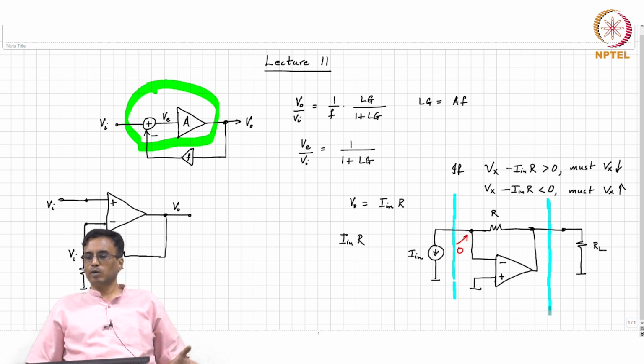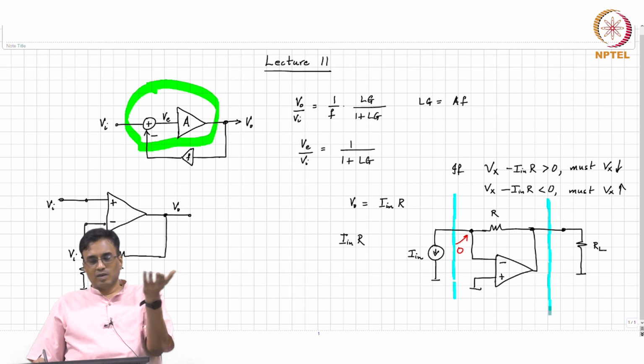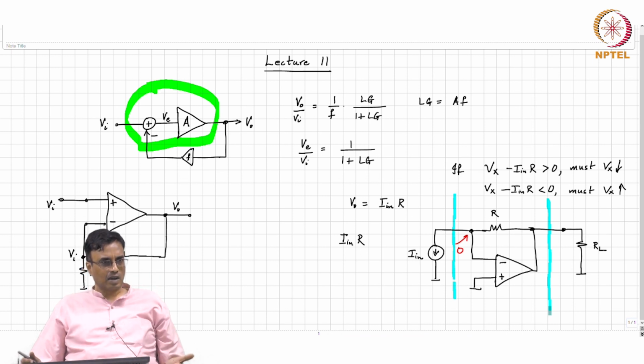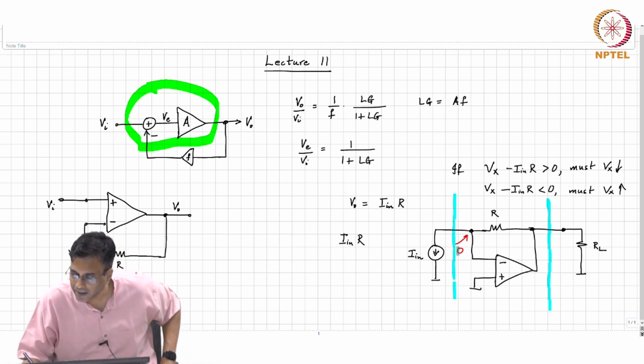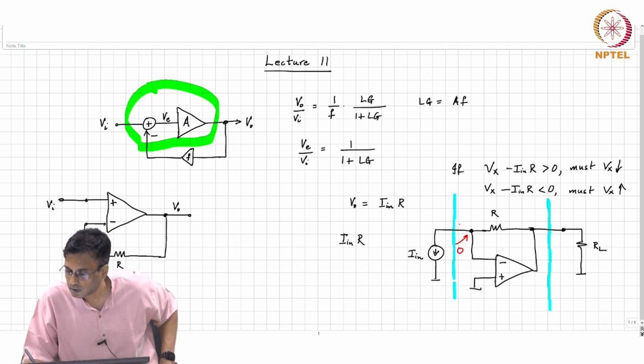What comment can you make about the output resistance? What is the output resistance? 0. Why? Is there a simpler way of telling me that the output resistance is 0? Okay, if RL changes, the output is not changing, correct? Because all this current In, where is it going?